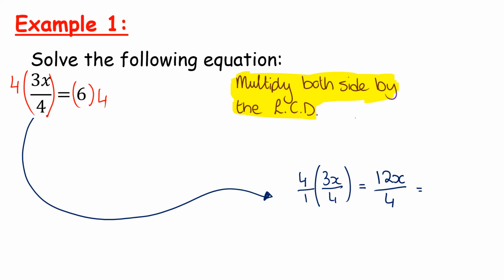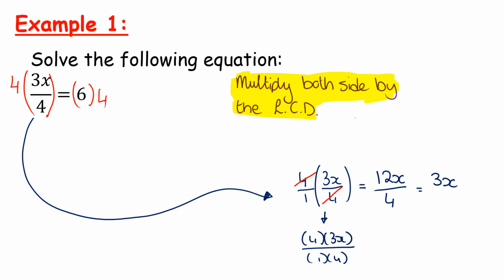But then you'll notice that 4 divides into the top and divides into the bottom. So we're left with simply 3x over 1, or 3x. What is easier at this point is to cancel out those factors, because this line could be written as 4 times 3x all over 1 times 4, because you're multiplying across the top, across the bottom.